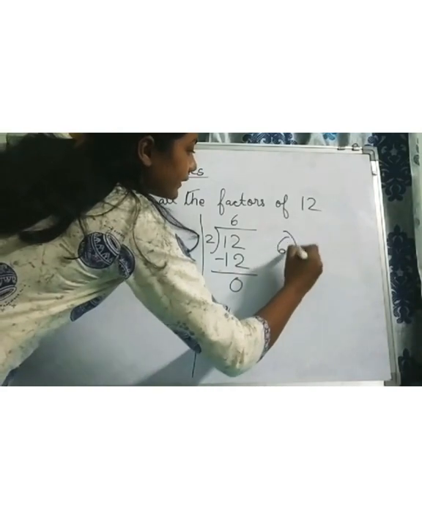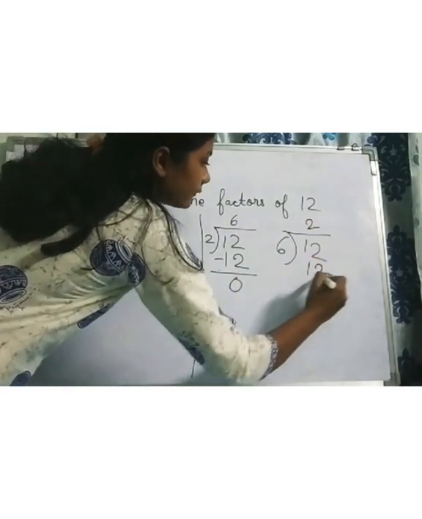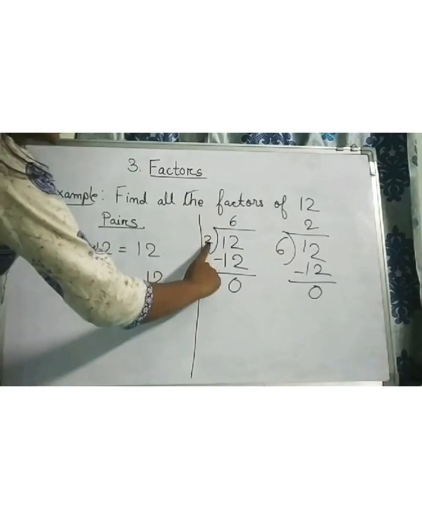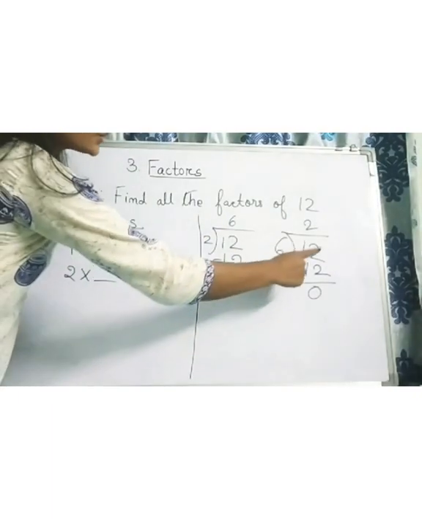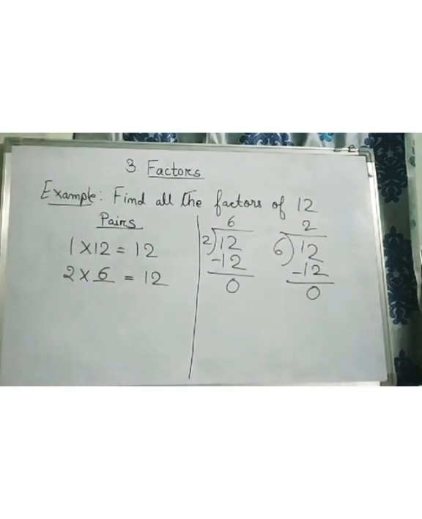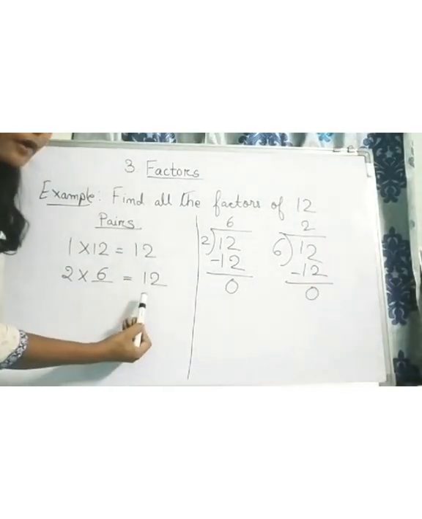With 6 we will divide 12. 6 twos are 12. Remainder 0. Here also we can see that in both the cases 12 is divisible by 2 and by 6. So 2 into 6 is 12. Both the numbers 2 and 6 are factors of 12.